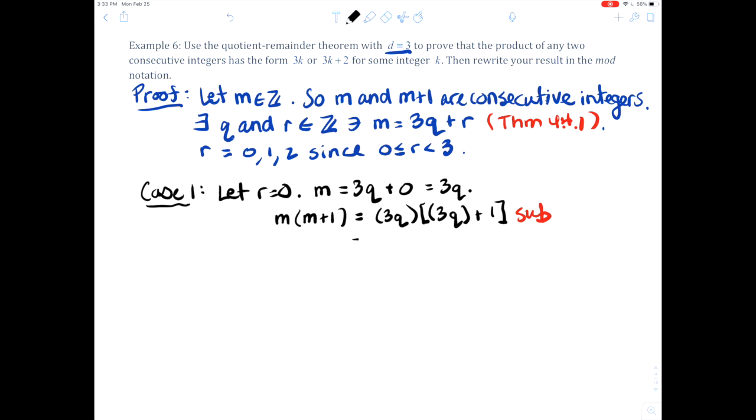All right, well, doing a little bit of algebra, right? And remember, we have a divisor of 3, don't we? So we want to keep a 3 out there. So this is 3, and then we would have a 3q squared left, right? Doing some algebra. And then we would have plus another q.